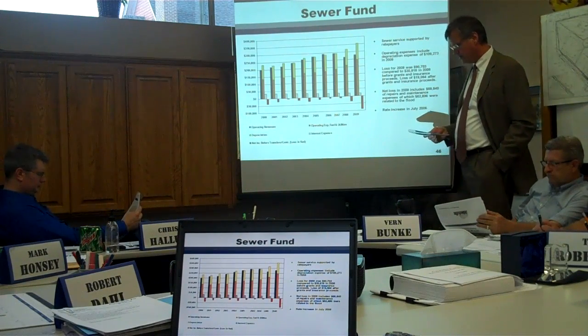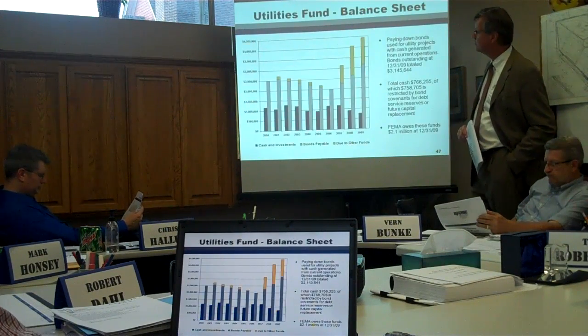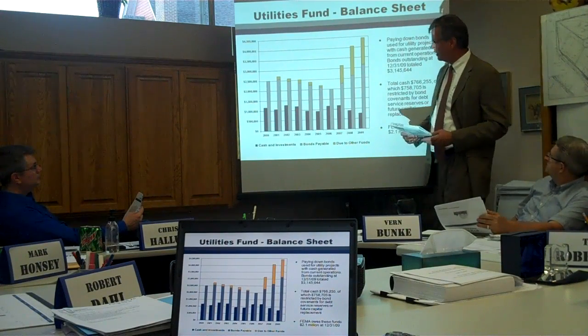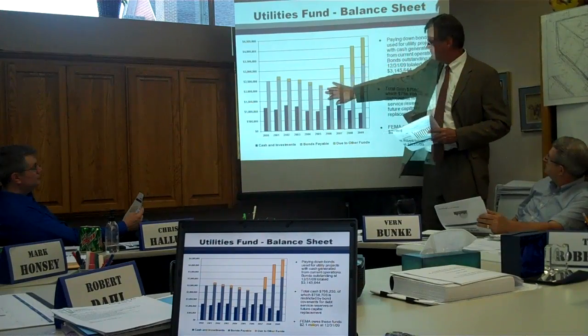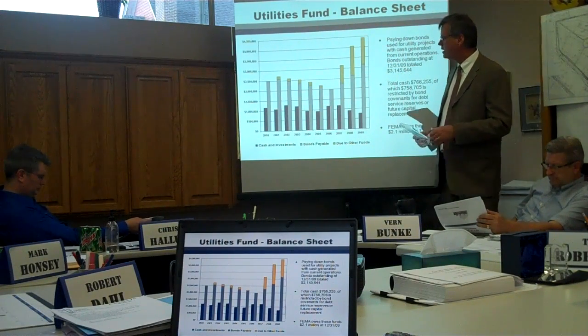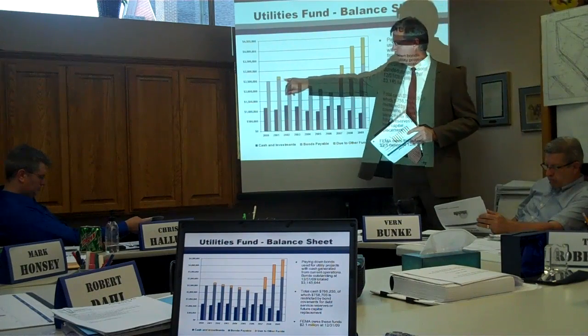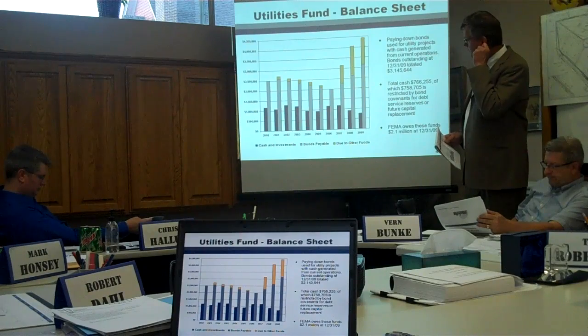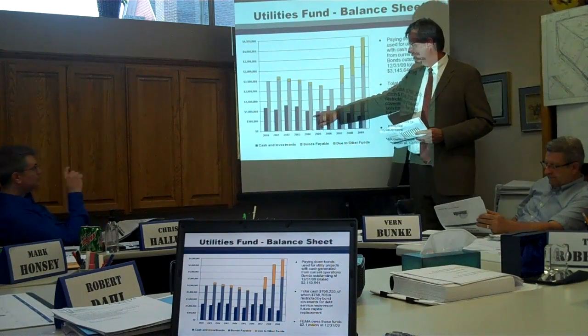Okay. Then we'll finish up on the utilities with the balance sheet. You talked about where does that leave us. Generally what was going on here is we have debt in gray. The gold at the top is due to other funds. And we mentioned earlier the water fund did owe other funds. We actually took care of that in 2006. It was all paid off. Cash was starting to creep back up.